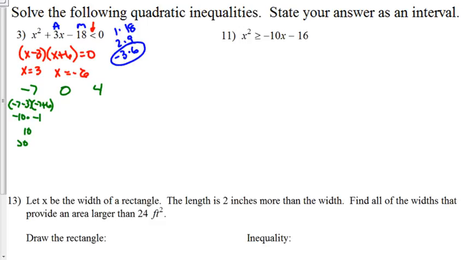I plug 0 in, 0 minus 3, 0 plus 6, I get negative 3 and 6. When I multiply those, I get negative 18. That one's less than 0, that's good. When I plug a 4 in, 4 minus 3, and 4 plus 6, so 1 times 10, that's 10. That's bigger than 0 again. So the only place where it works is this 0 point.